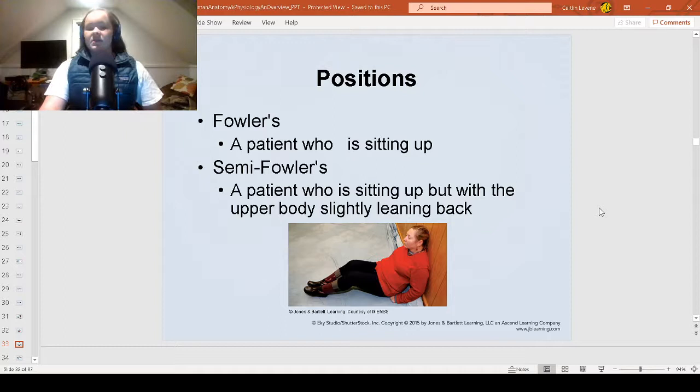In most cases, you will see people in the Fowler's position if they have come in contact with intoxication, are woozy, or if they have a diabetic issue and they're not feeling 100%. Semi-Fowler's is a patient who is sitting up but leaning back with the upper body slightly leaning back. You can also see this when somebody is going hypoglycemic.